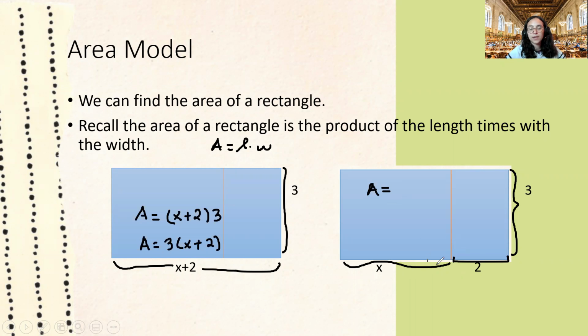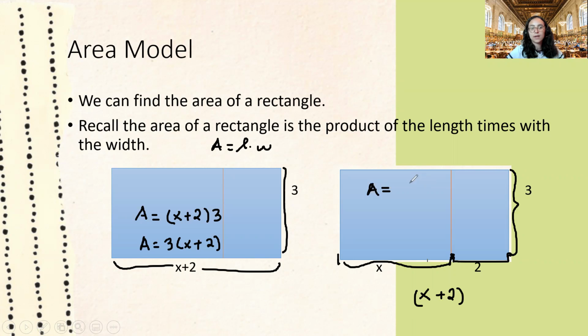Well, for this side, we'd have to add, right? Because we need to know what is the length of this entire side. From here to here is x. We don't know this, we just call it x. It's an unknown number. And from here to here, it's 2. So this entire side would be x plus 2.